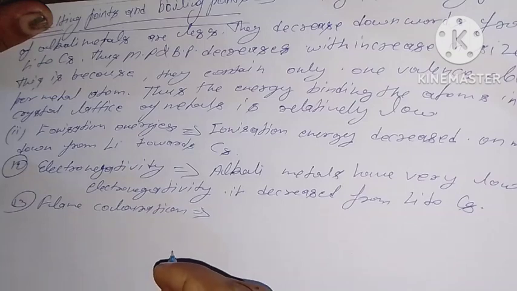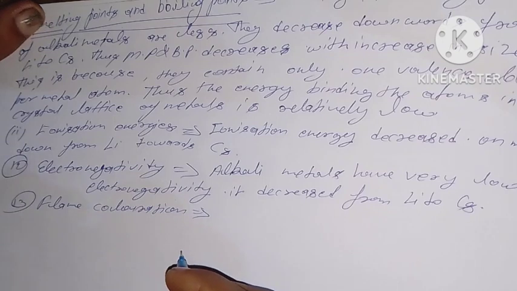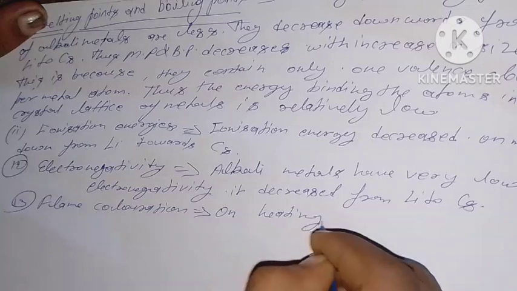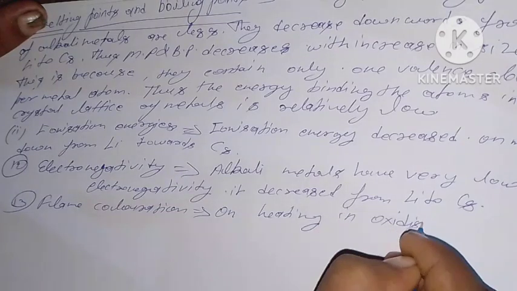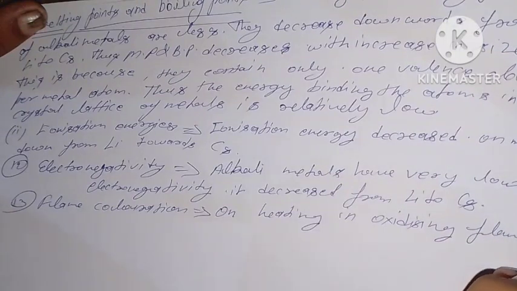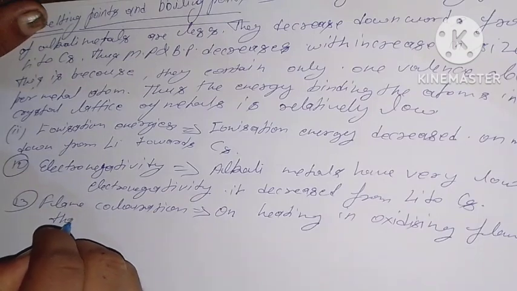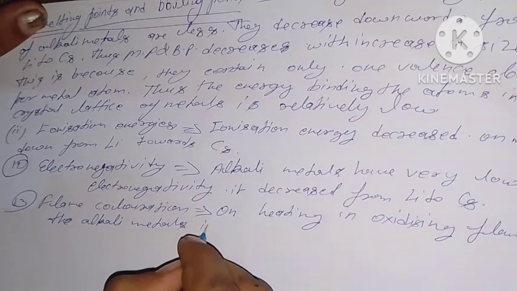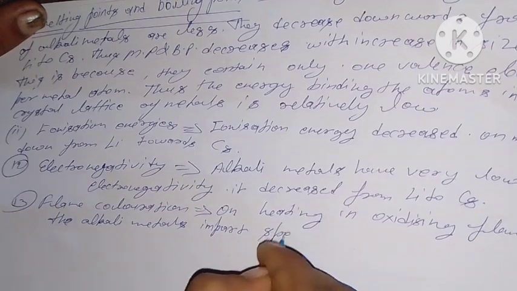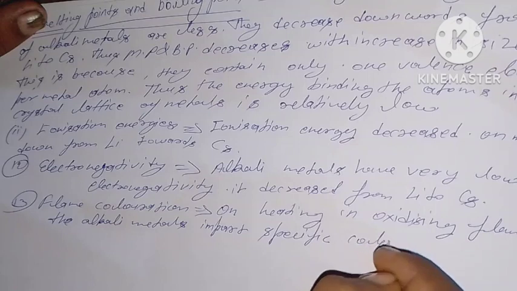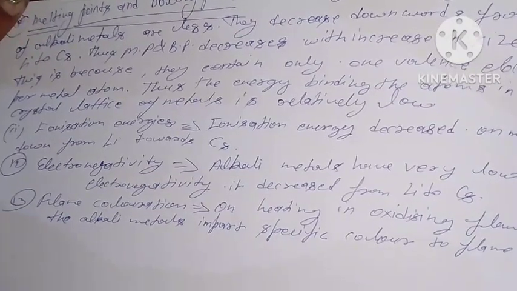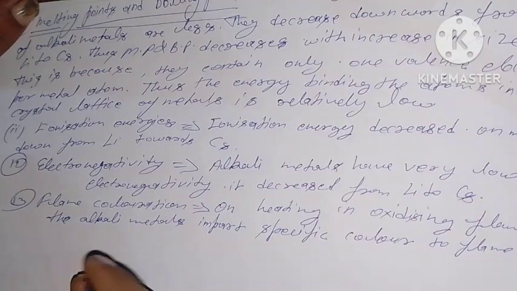On heating in an oxidizing flame, the alkali metals impart specific colors to the flame.